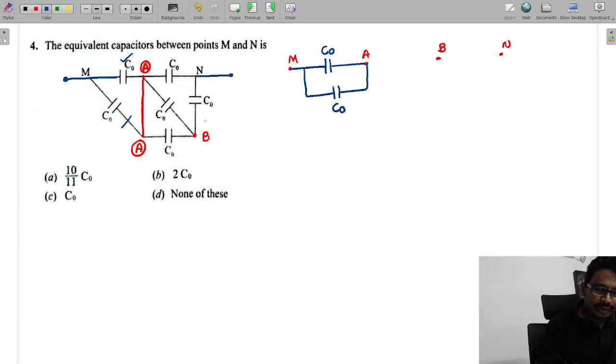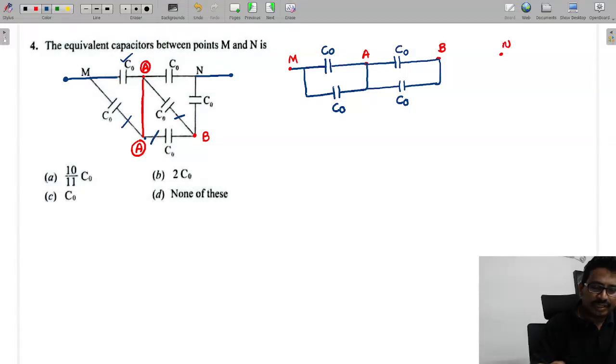Next A to B, this capacitance is there. Between A to B we have one capacitance, and that is C0, place it. Next A to B, this capacitance is also between A to B, C0, place it. This is over.